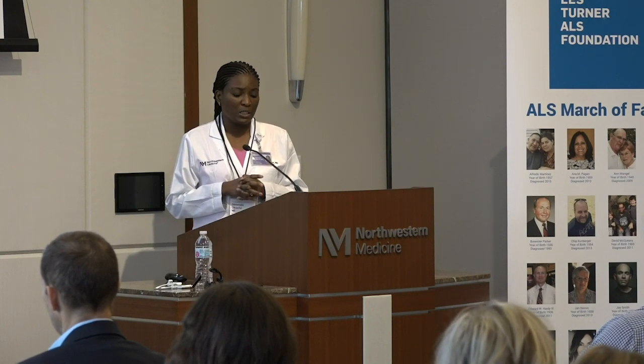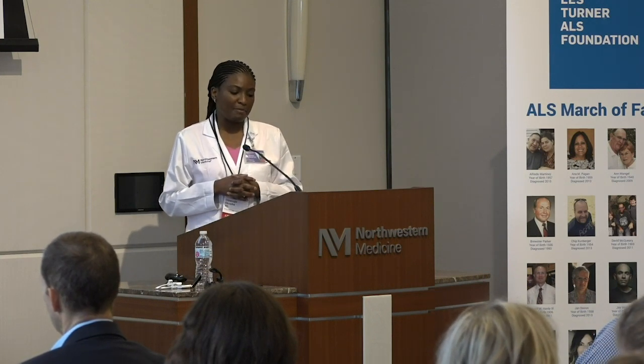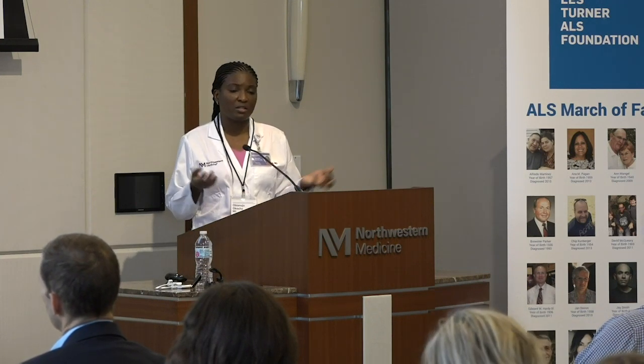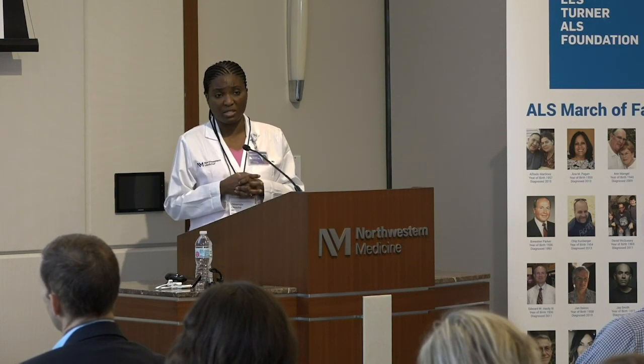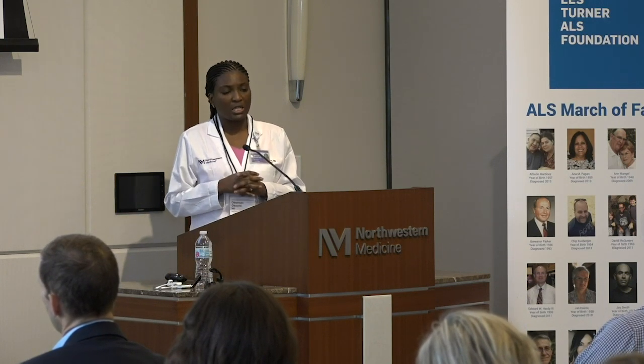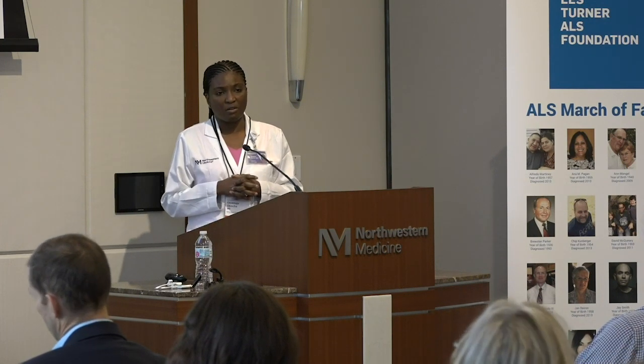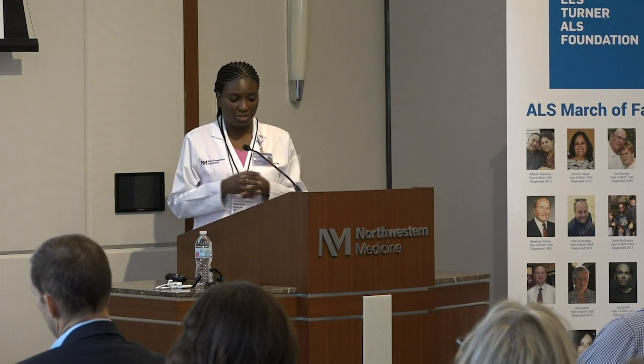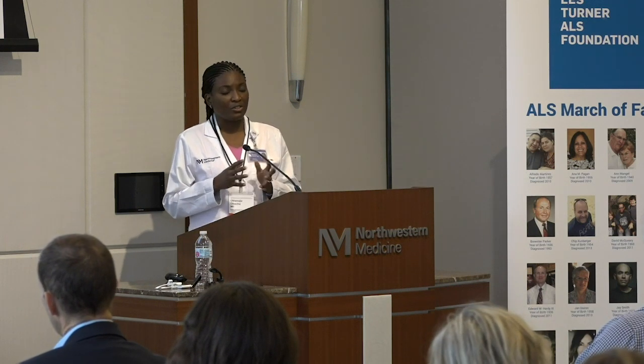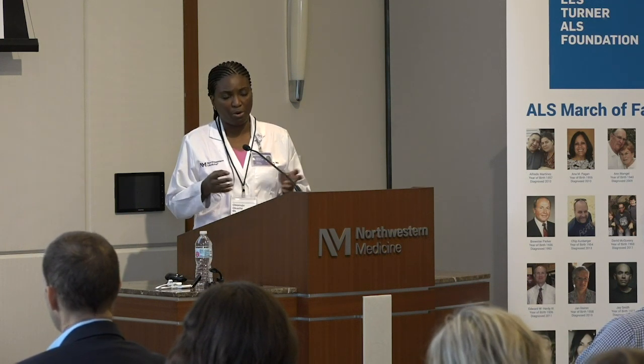The reasoning is, instead of having the systemic effects of opiates and therefore the respiratory depressive effect of opiates, targeting just the area where the surgery has occurred will limit the effect of the opiates and help achieve pain control. However, this warrants an individualized approach.